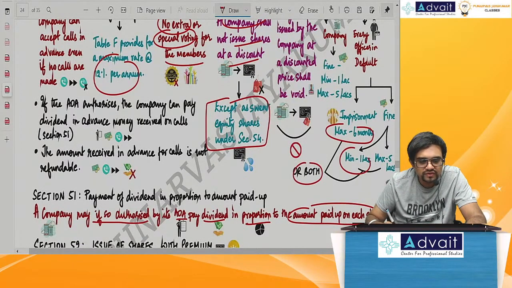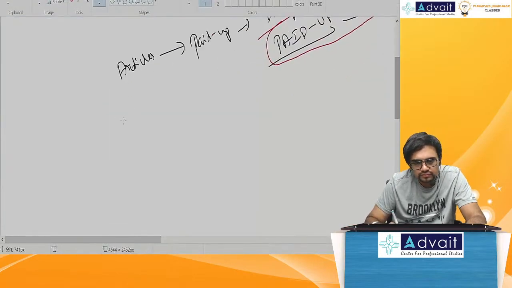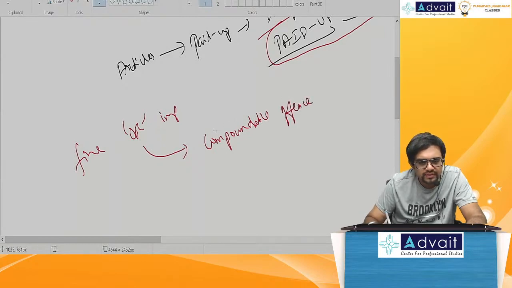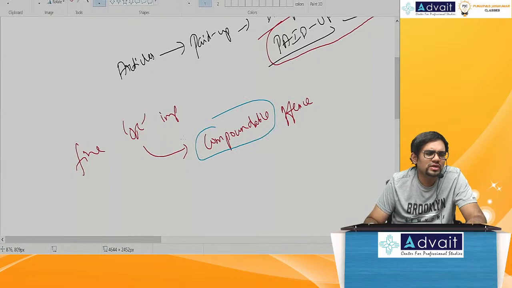When Act uses the word or, fine or imprisonment, this is called as a compoundable offense. Offense can be compoundable, means what? You can escape imprisonment by paying fine.